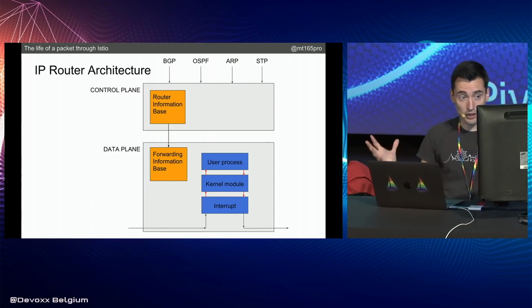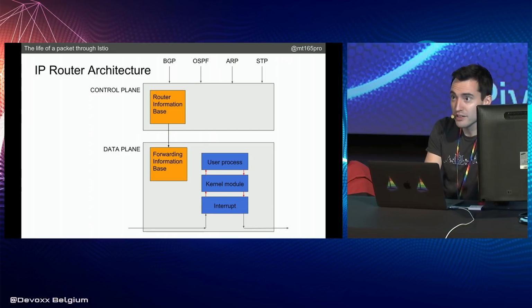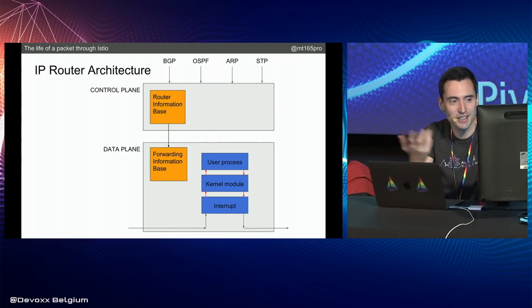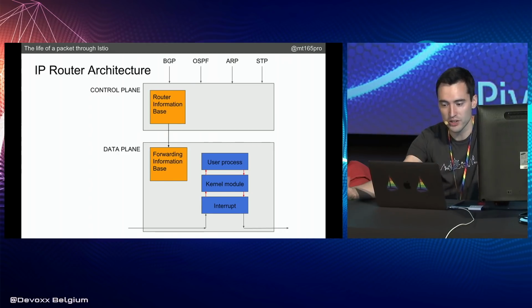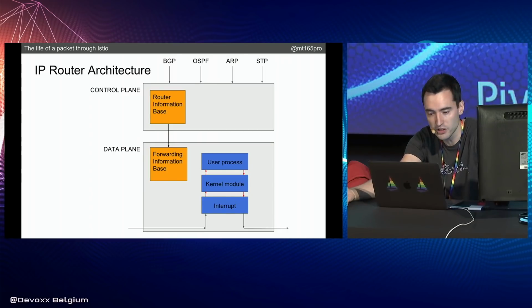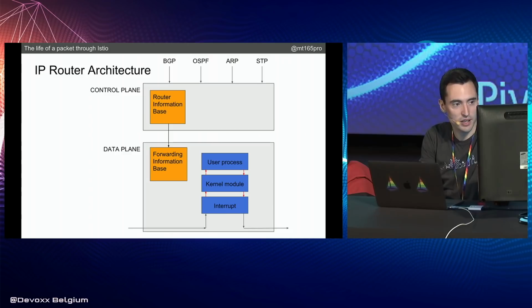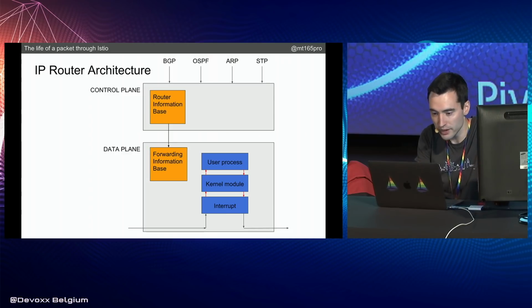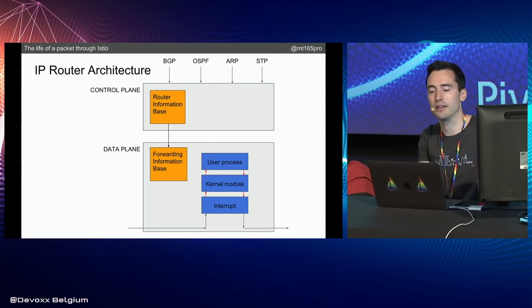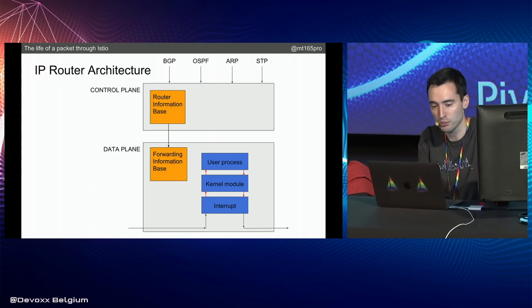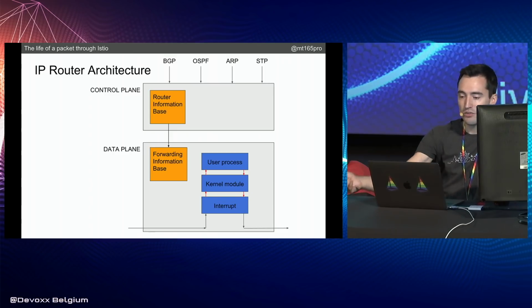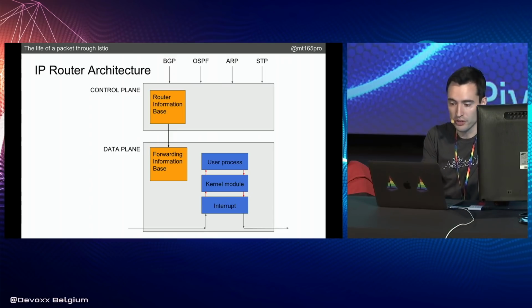So this control plane in an IP router, as I say, I did used to work at Cisco, is like a general purpose CPU. It does some fairly general purpose compute. And it builds this thing called the RIB, the router information base. This is kind of like a relational database, so it's got multiple tables of information in multiple different schemas. And that takes information from all the different routing protocols, all the different adjacency protocols.